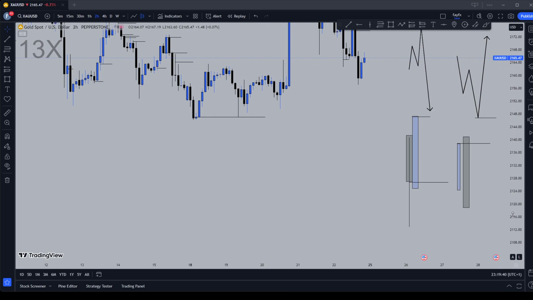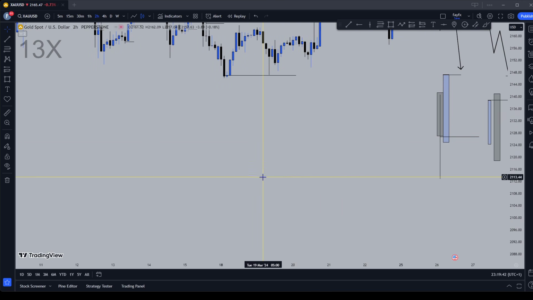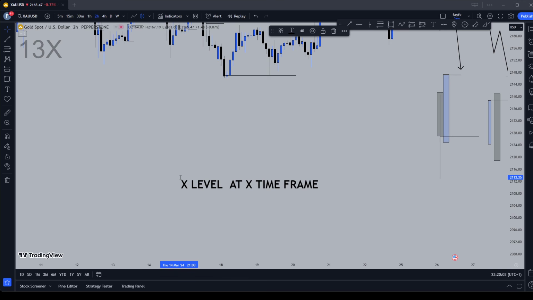There is one thing to remember about the equilibrium. We always pick the X level, X time frame, to find the equilibrium of this level.